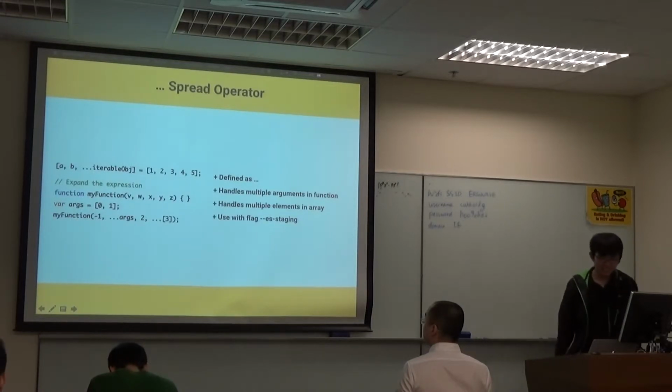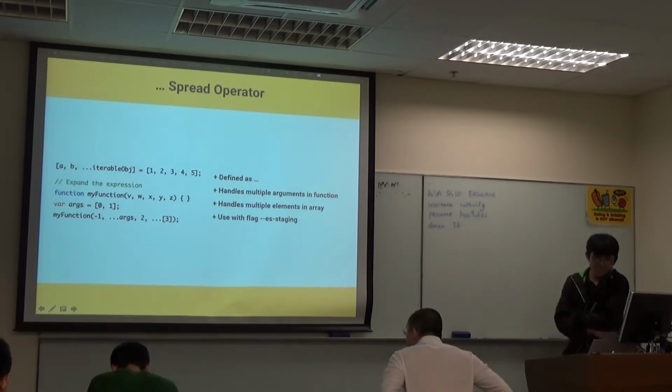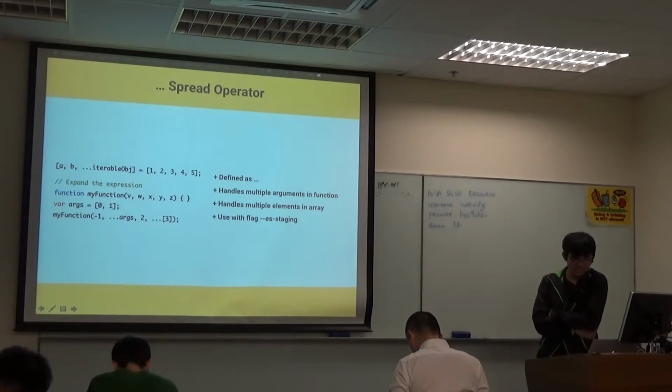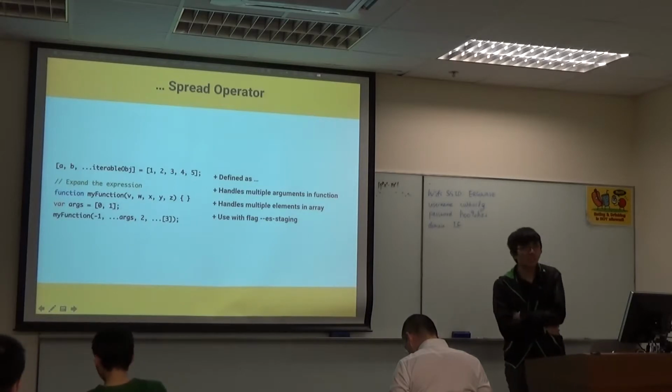Next is spread operator. It is defined as three dots. If you have used MATLAB, you may be familiar with the syntax used here. It is used to handle multiple arguments in a function and also handles multiple elements in an array.